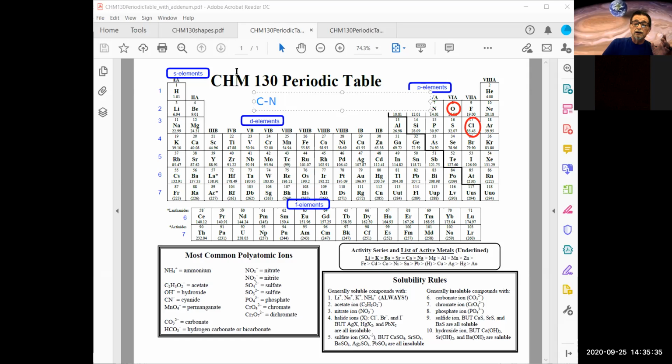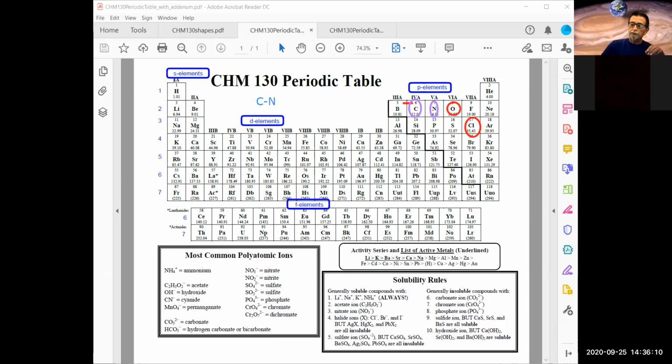Now, when I want to know which one's more electronegative, I compare carbon and nitrogen. Let me change the color here so we can distinguish. Okay, now, who is more electronegative here, carbon or nitrogen?